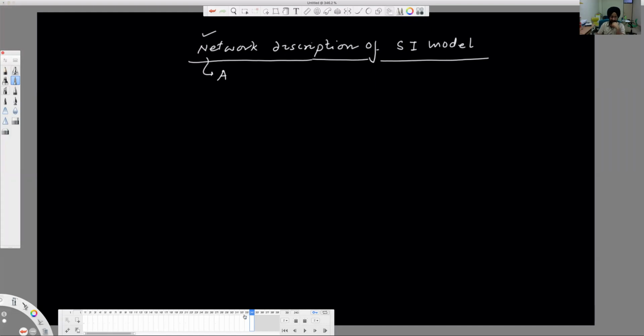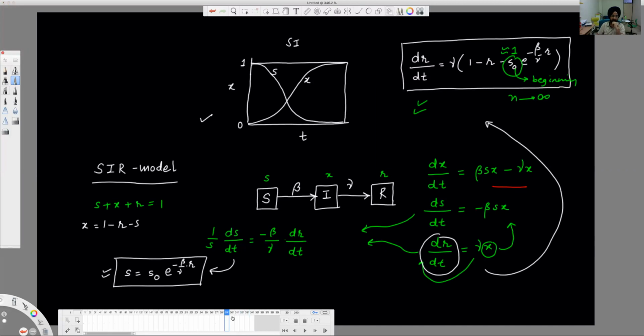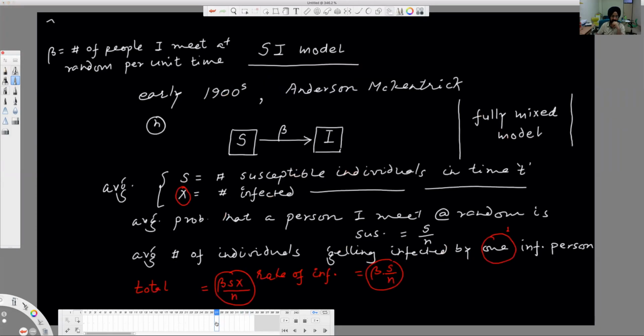It turns out that it's not very difficult. What we do, for example, in the SI model, we had these quantities S and X, right? We change these quantities, instead of number or fraction, to probabilities now.